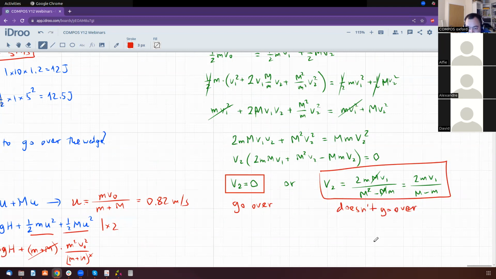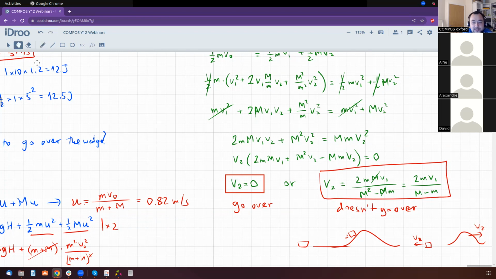So what happens here is the puck tries to go over the wedge, but doesn't, and then they travel in opposite directions. We have the puck going left at a speed of v1, and the wedge moves forward with velocity v2.